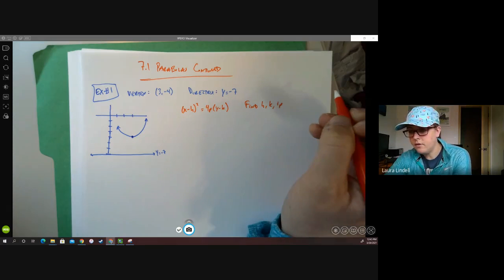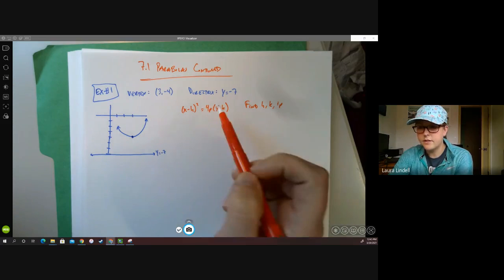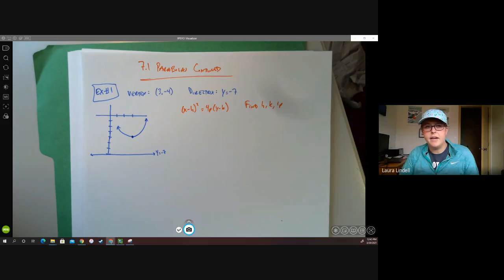So first off, just looking at the vertex and directrix, what's h going to be? Anyone think they know? Remembering from yesterday, we know the vertex is (h, k).